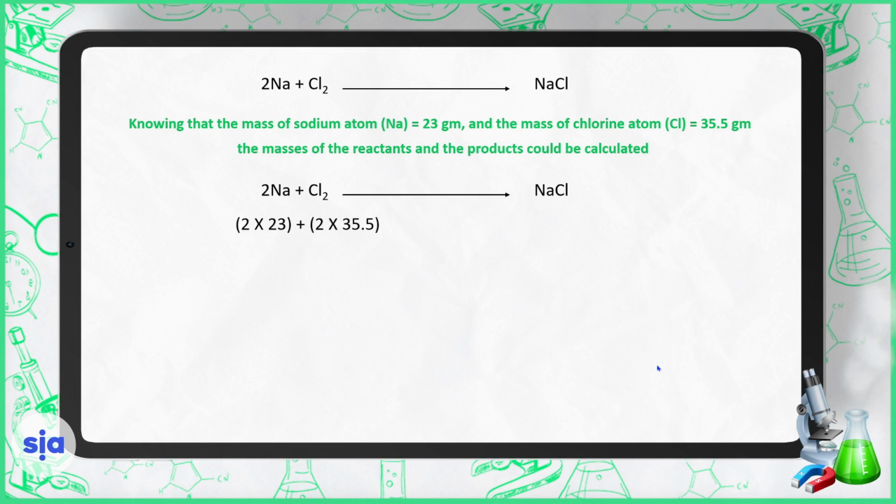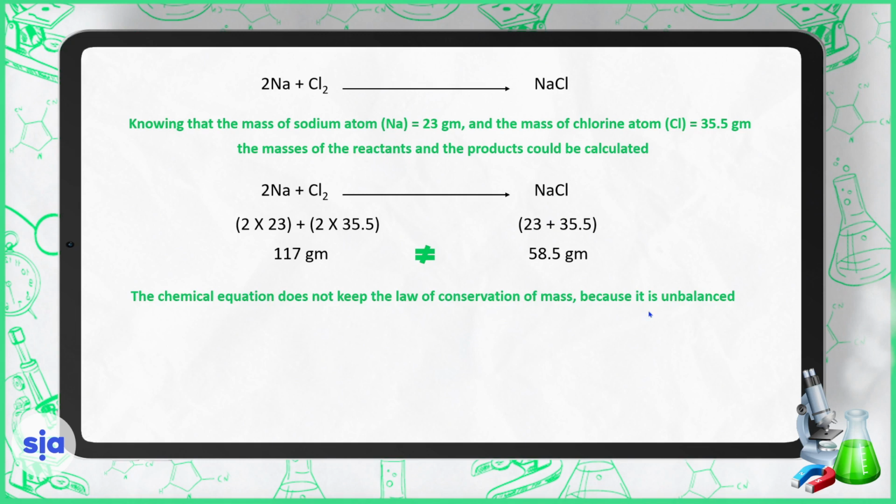Let's calculate it together. On the left side, 2 times 23 plus 2 times 35.5. On the right side, it's 23 plus 35.5. On the left side, it's 117 grams. This chemical equation does not keep the law of conservation of mass, simply because it's unbalanced.